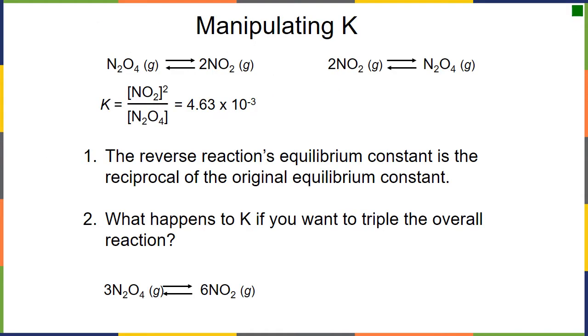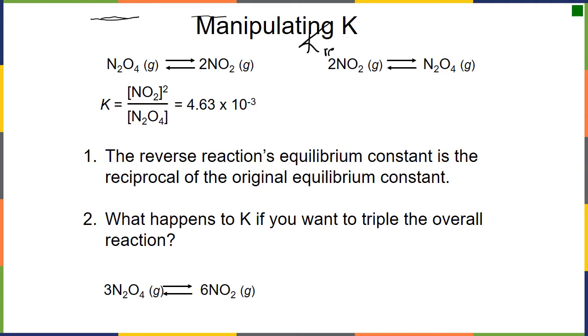We can also manipulate K, first of all, by flipping it. If we take a look at this reaction where N2O4 goes into two NO2s, we've been given equilibrium concentrations, and we realize this K value is small. If this value is small, inherently, according to this reaction, we're going to have more N2O4 than NO2. If we reverse the reaction, instead of having two NO2s in the numerator, we're going to have two NO2s in the denominator.